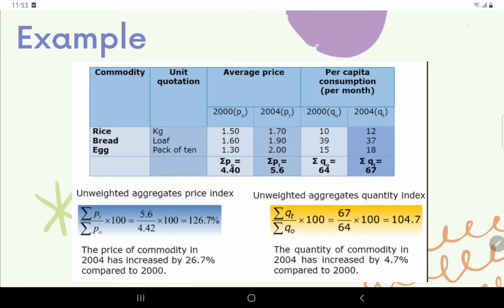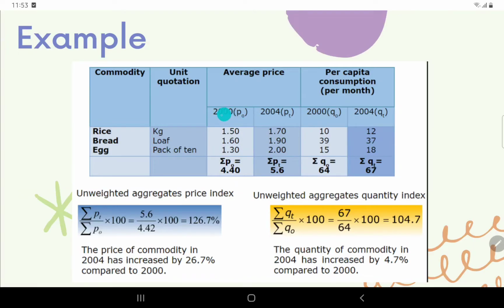Okay, example, look at this table. You are given 3 items here, and then average price and quantity. Ni price, ini quantity sebab P is for price and Q is for the quantity.